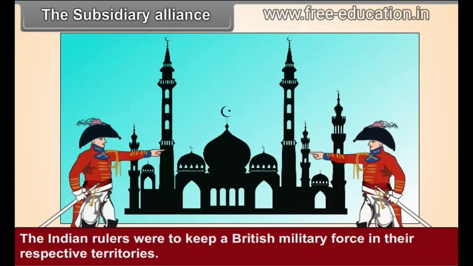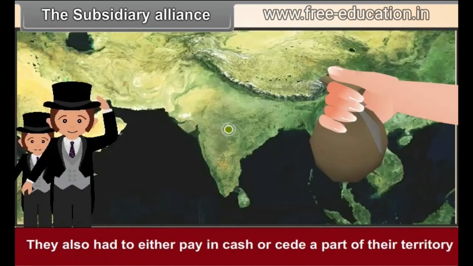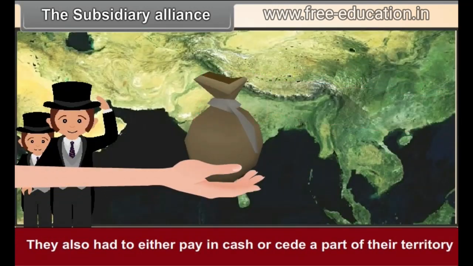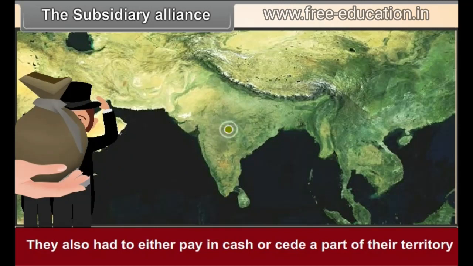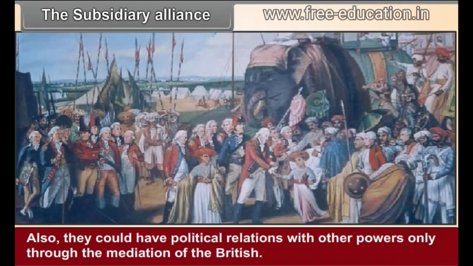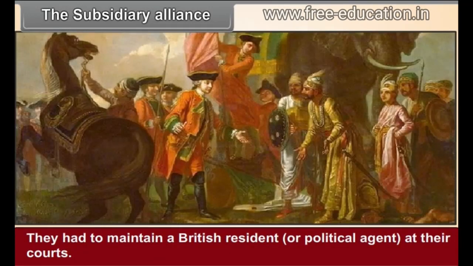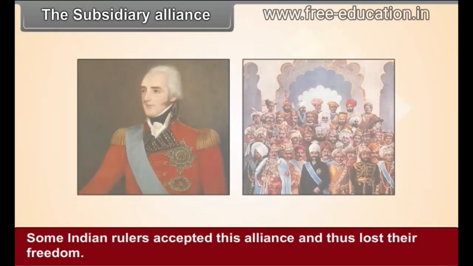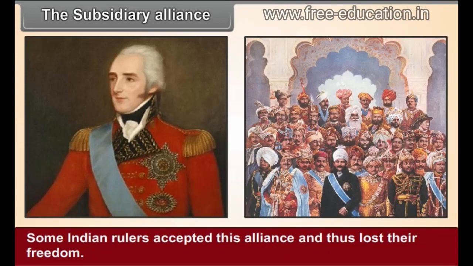The Indian rulers were to keep a British military force in their respective territories. They also had to either pay in cash or cede a part of their territory, giving that much revenue to the company towards the maintenance of the force. Also, they could have political relations with other powers only through the mediation of the British. They had to maintain a British resident or political agent at their courts. Some Indian rulers accepted this alliance and thus lost their freedom.